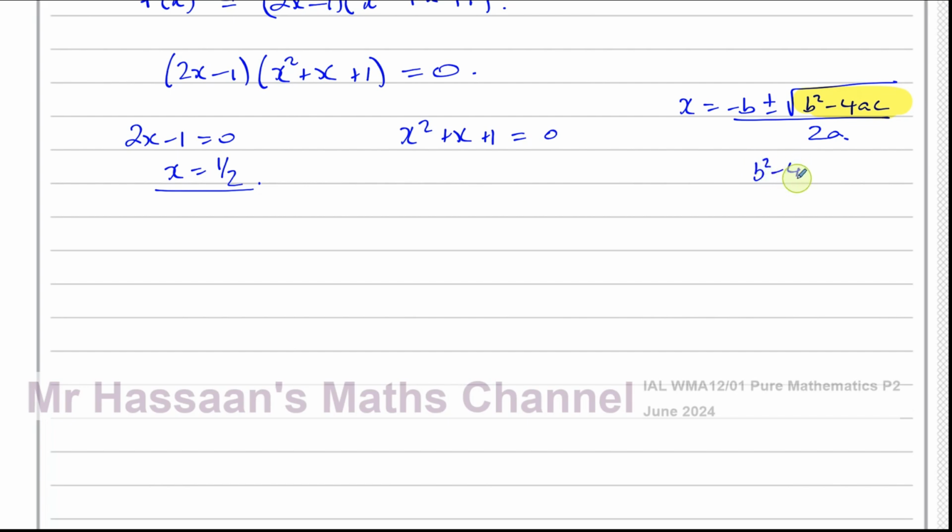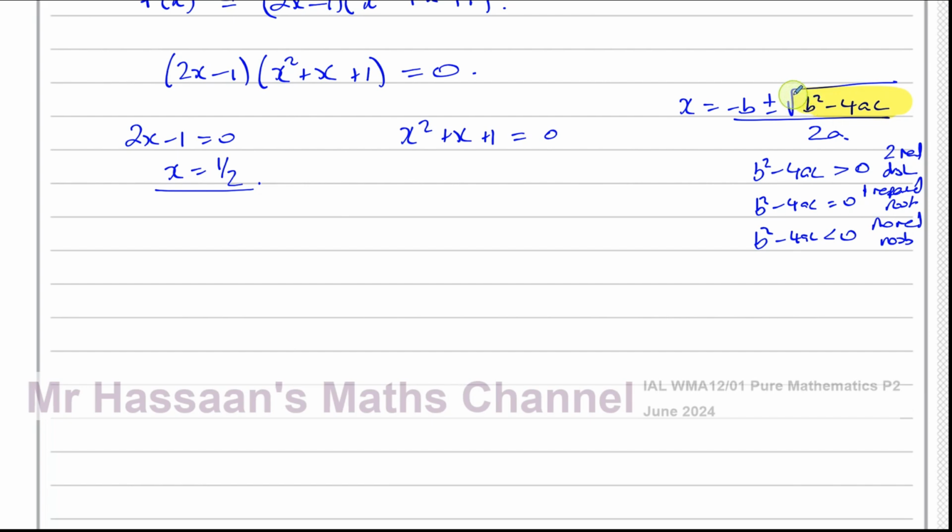If b squared minus 4ac is greater than 0, there will be two real distinct solutions. If b squared minus 4ac is equal to 0, you'll have one real root, or you can say a repeated root. It's one root that's repeated. And if b squared minus 4ac is less than 0, there are no real roots.